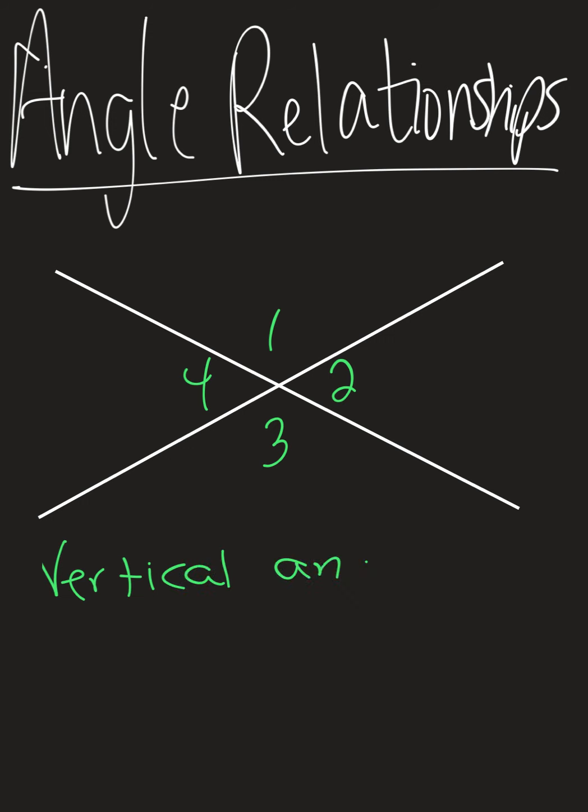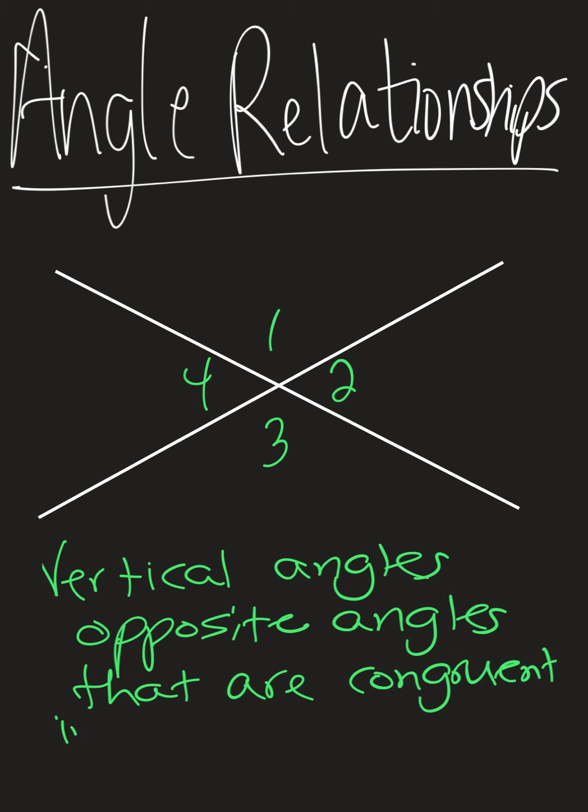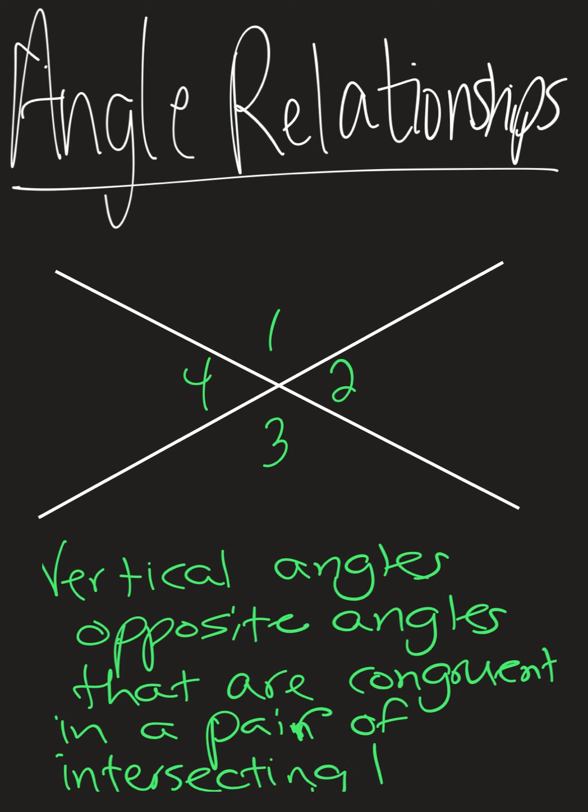Vertical angles are opposite angles, opposite meaning across from each other, that are congruent in a single pair of intersecting lines. Congruent means equal measure, right? Just for the record. I'll talk more about that later.